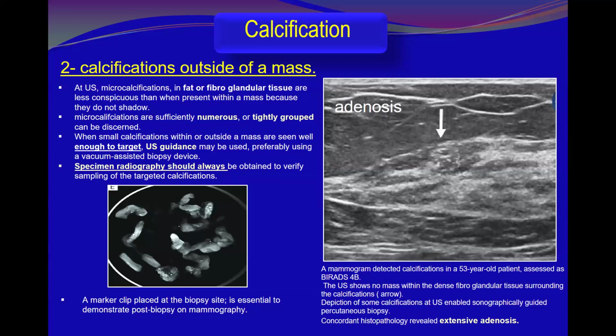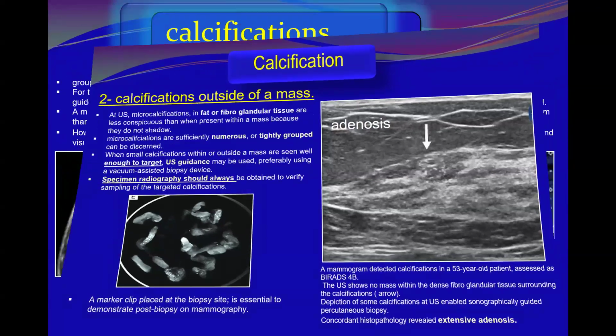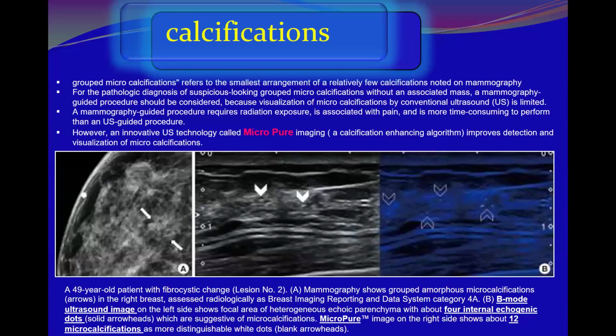Ultrasound also does not show an underlying associated mass. It demonstrates again the calcification outside the mass within the parenchyma. And the biopsy result revealed extensive adenosis, a benign concordant result. Okay.